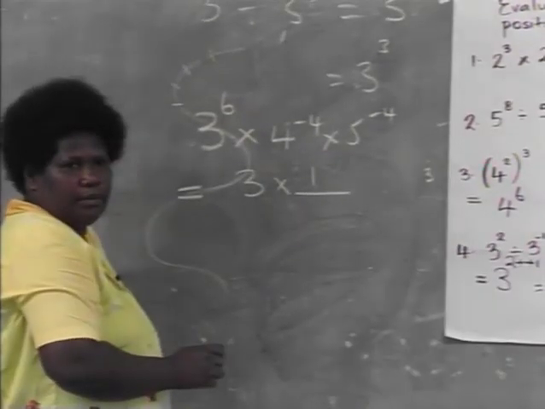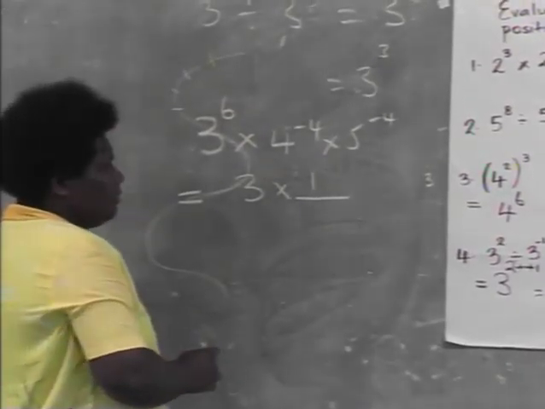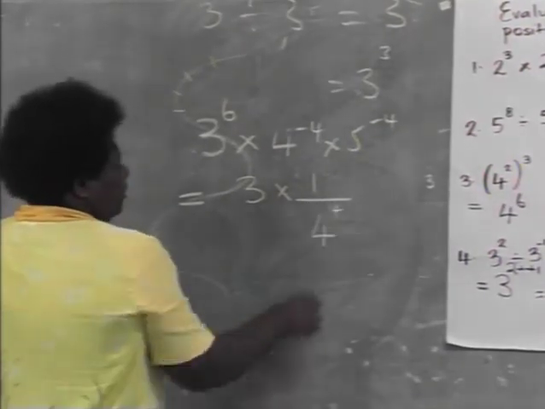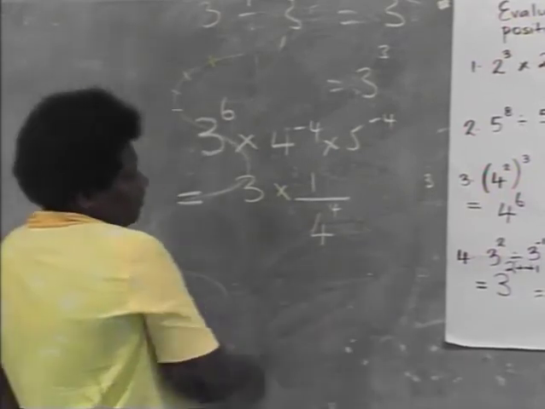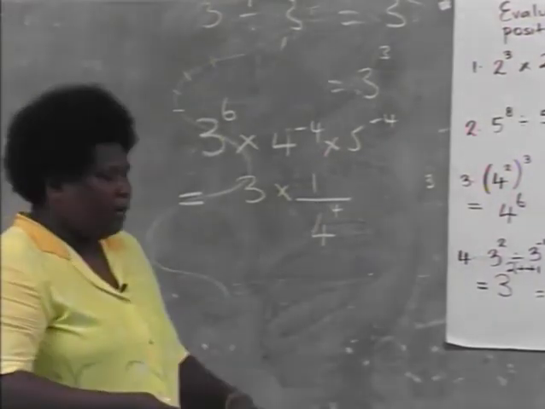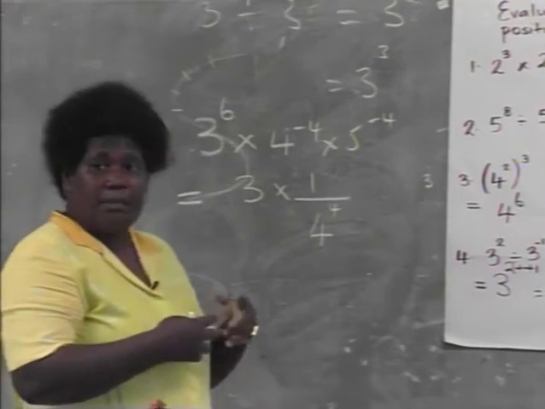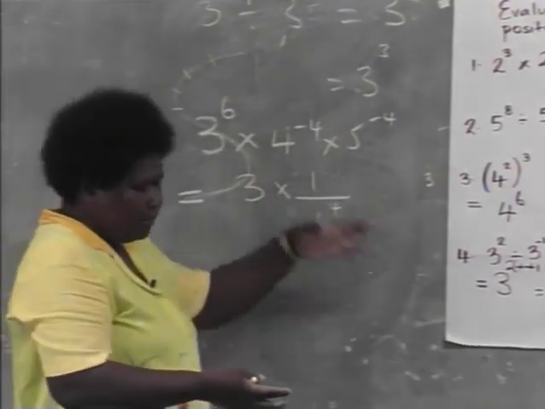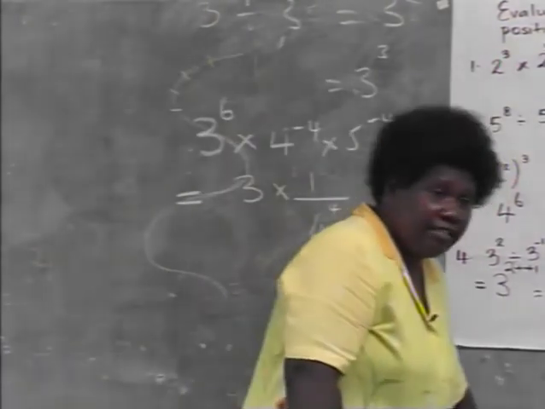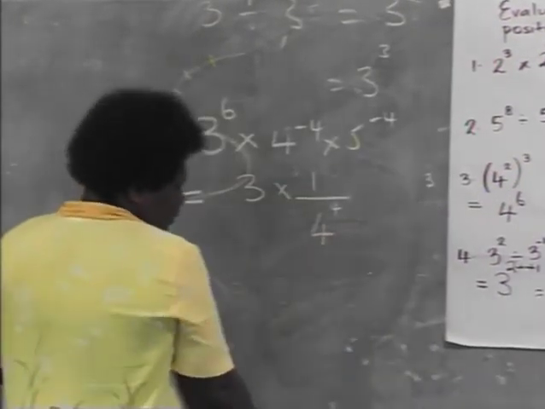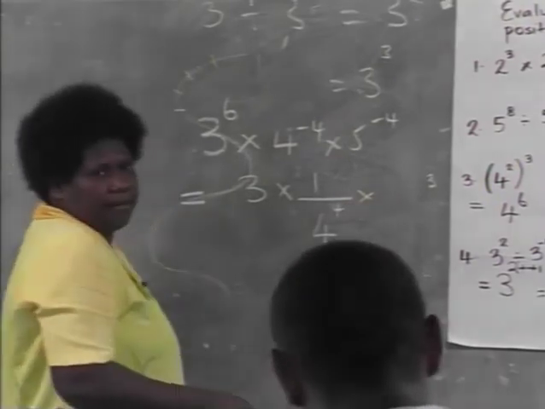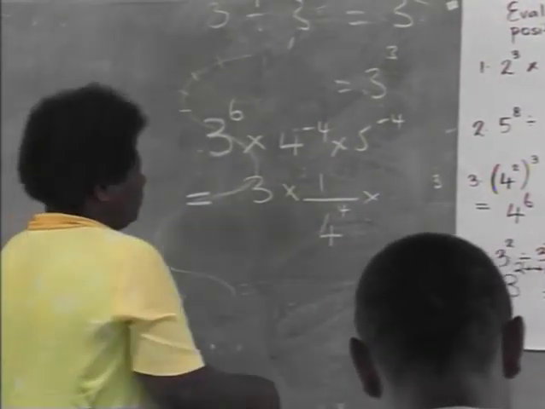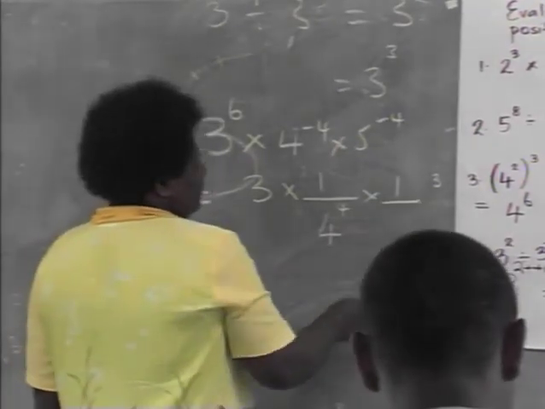Where'd you get 256 from? You mean 4 to the power of 4? Yeah. Okay, I want the answers to be in powers only, not as a whole number like 256. I want them to be positive powers only. So 4 to the power of 4 times, is that all? 1 over 5 to the power of 4.